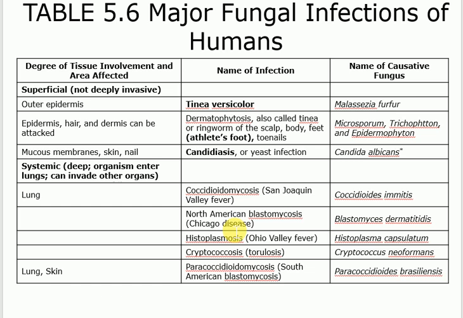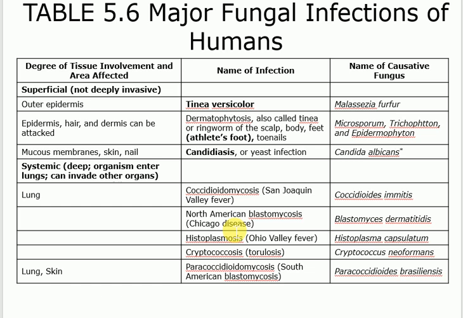This is the superficial form, which is the vast majority. They do not invade, this is what we are actually familiar with. This is what we can usually see, which is superficial, like it can be on the outer epidermis only, like tinea versicolor, for example.